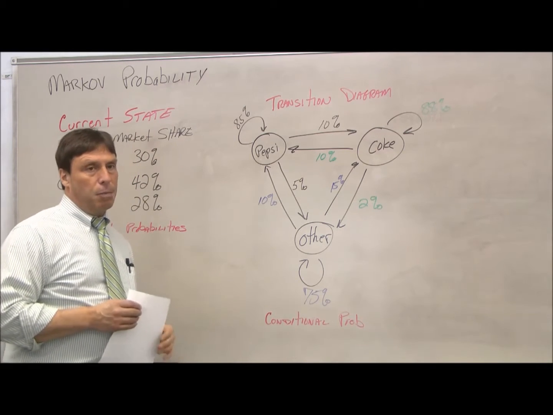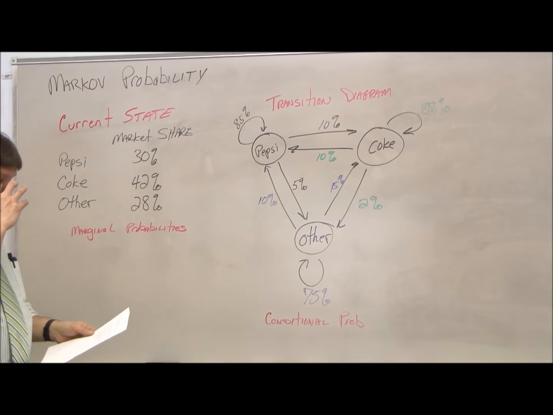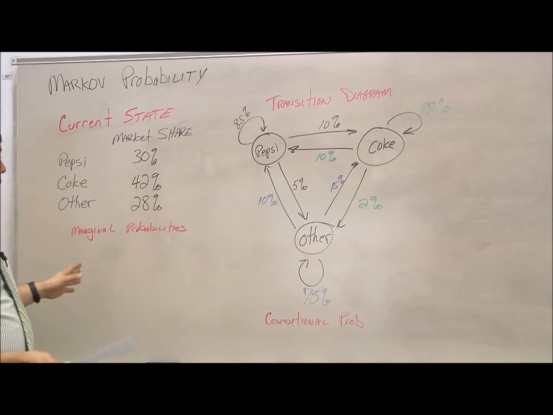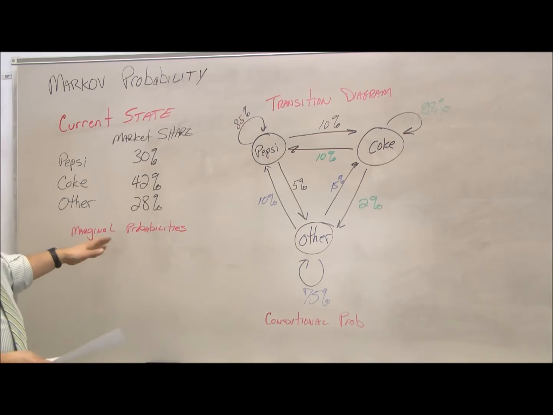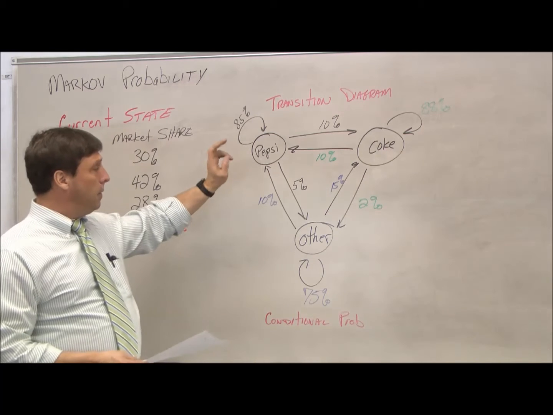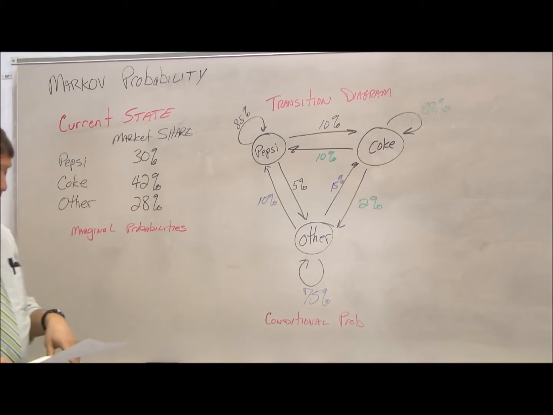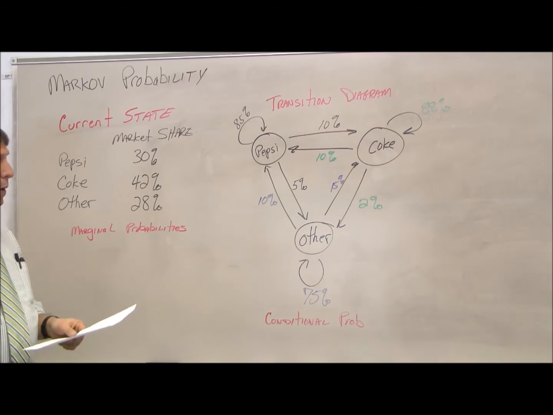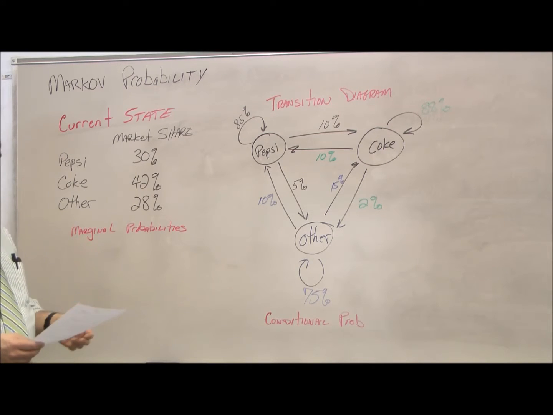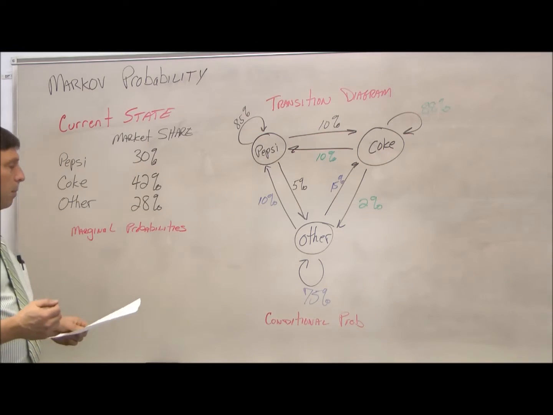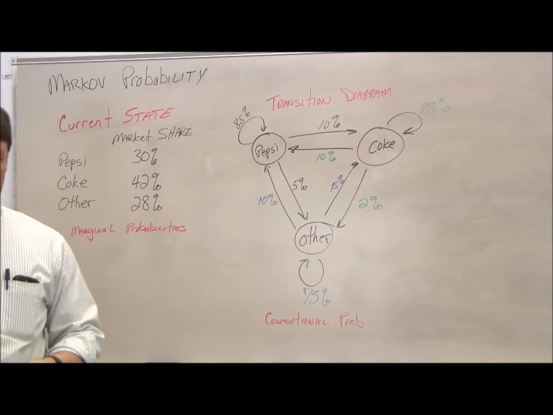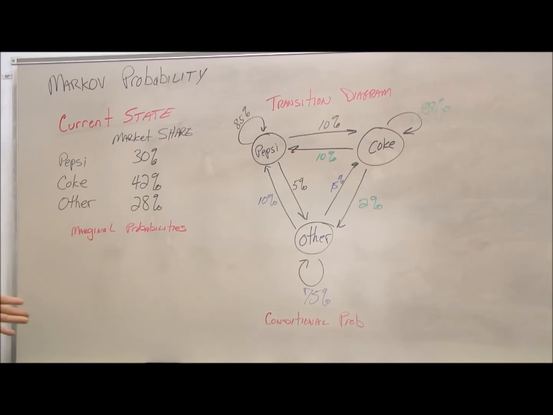These are conditional probabilities. What we do in the Markov is we multiply the marginal probabilities by the conditional probabilities, and we add them up. We get the new marginal probabilities for the next month. These are mutually exclusive and collectively exhaustive.